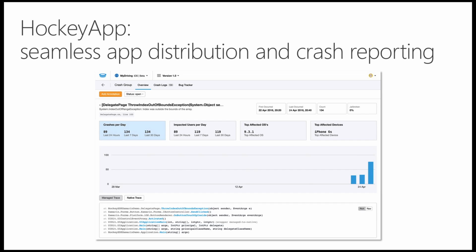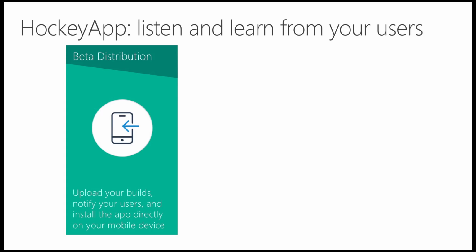This is all part of that learning at the very end of the cycle. If you can create an experiment that you can validate by using HockeyApp's reporting, you'll be able to use numbers as opposed to just your gut feel or anecdotal evidence that you've actually solved the user's problem, or that you've actually resolved the crash across some form factor or operating system. HockeyApp, in the end, really lets you listen and learn from your users because it helps you get the app out to them.